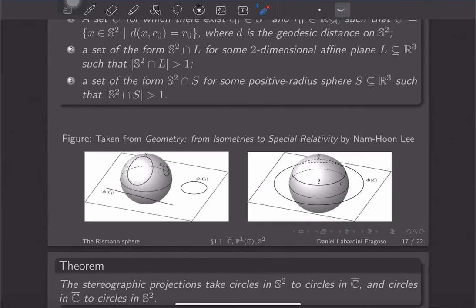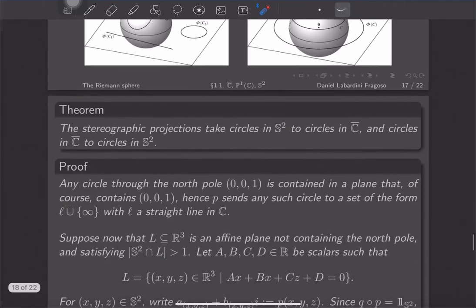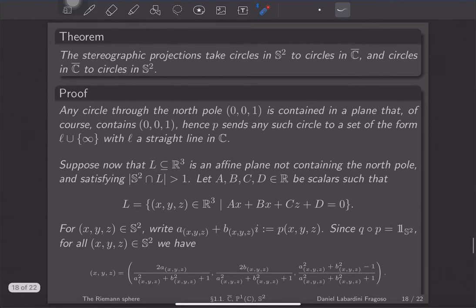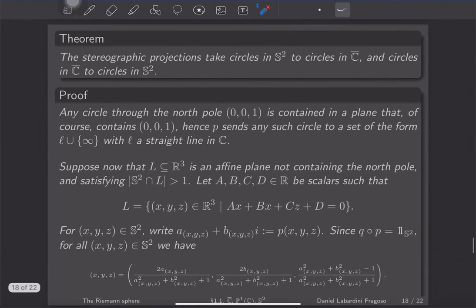Okay, and the theorem is that the stereographic projections, so these functions that project from the sphere to C bar and back, actually take circles to circles, right? Either of them: going from the sphere to C bar takes circles in the sphere to circles in C bar, and going back also takes circles in C bar to circles on the sphere.